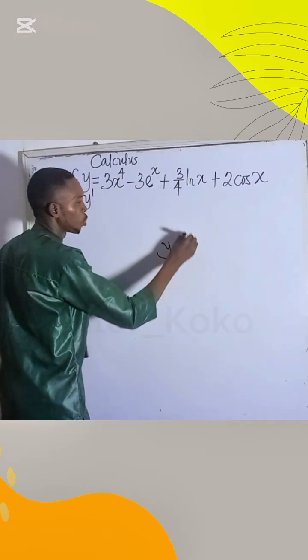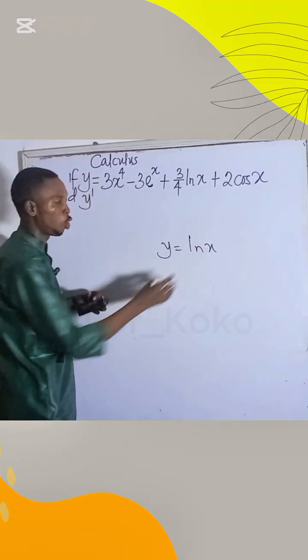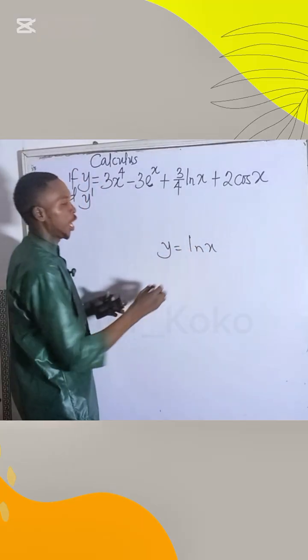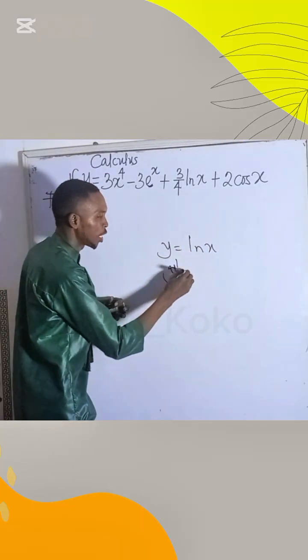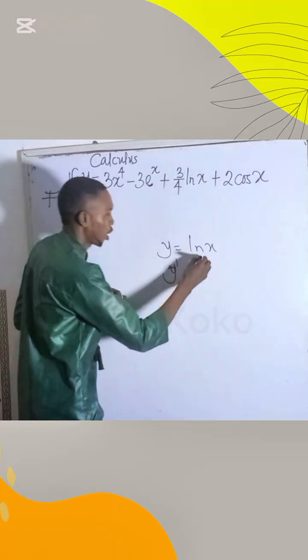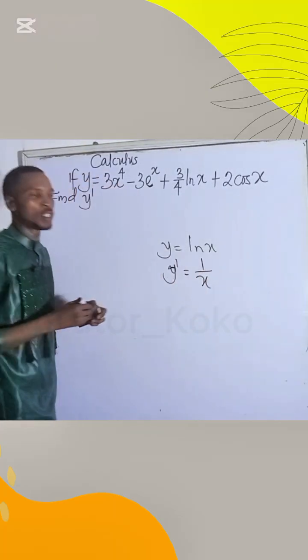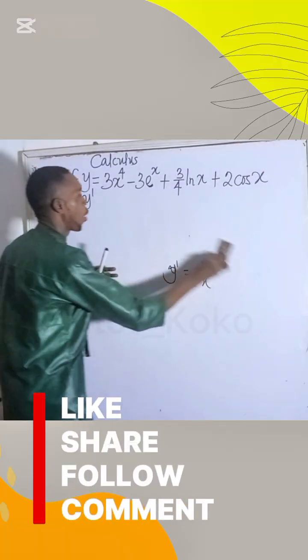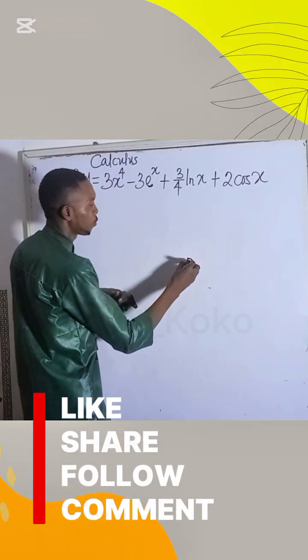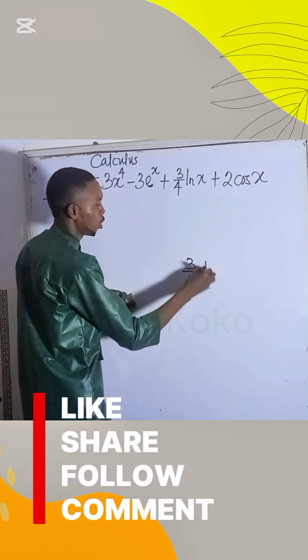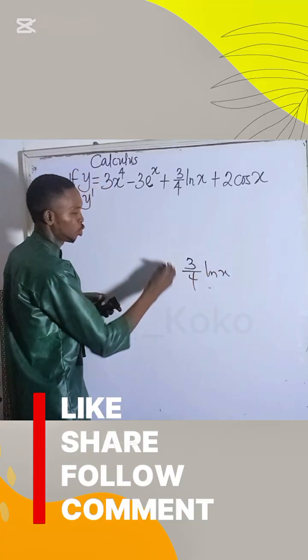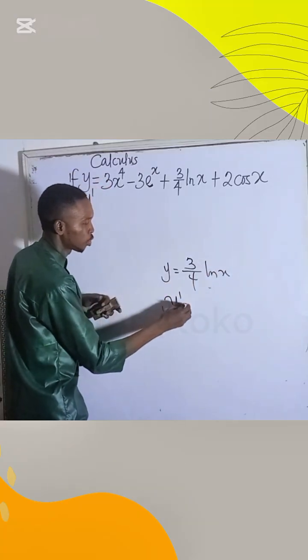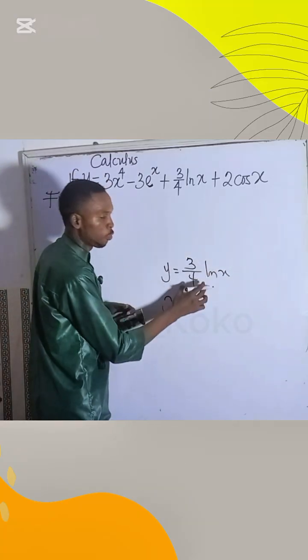Let's move on to the next one. If y is equal to ln x, ln x is called what? Now, anytime you are to differentiate ln x, don't stress yourself. That is 1 over x. Now, for the question above, we have 3 over 4 ln x. So now if I differentiate, you leave the constant like that.